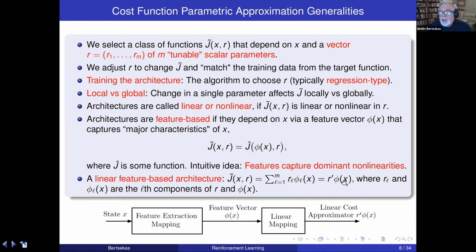You can write this as an inner product of the vector R with the vector of features phi of X. So that's a linear feature-based architecture, a very important class of approximating architectures. If you know good features, this is a pretty good one, because like I said earlier, it can be trained relatively easily.